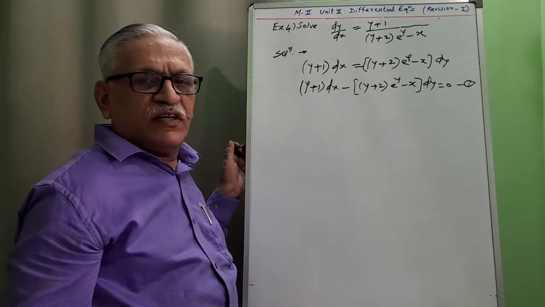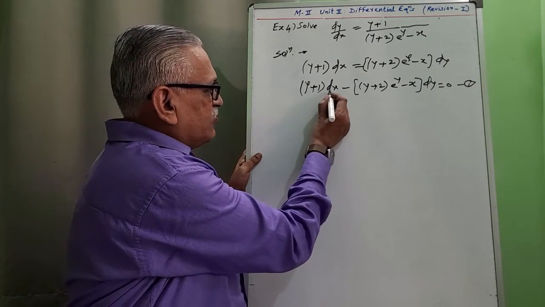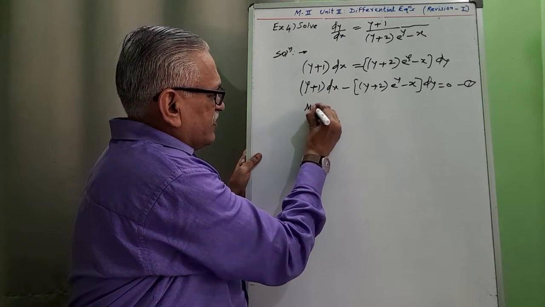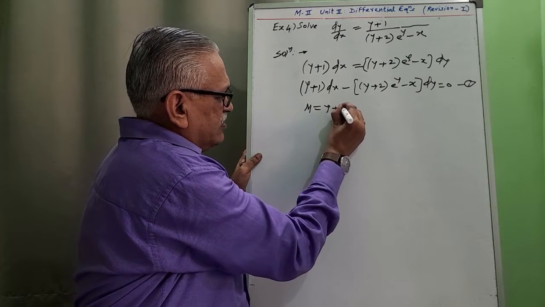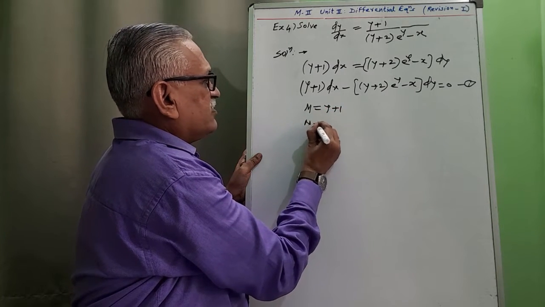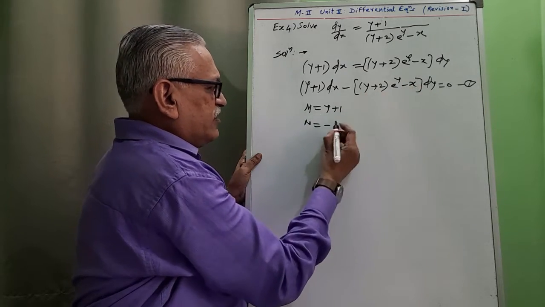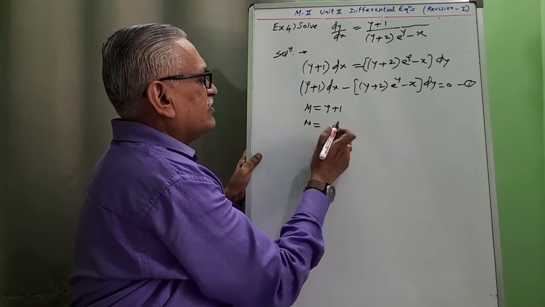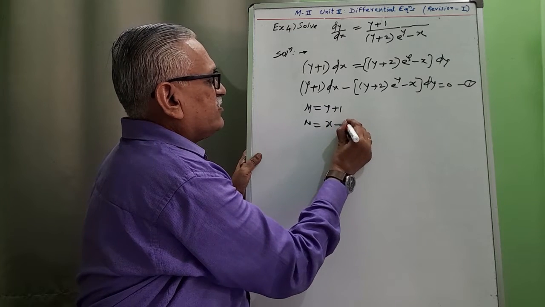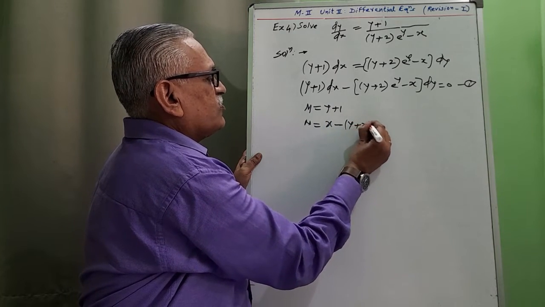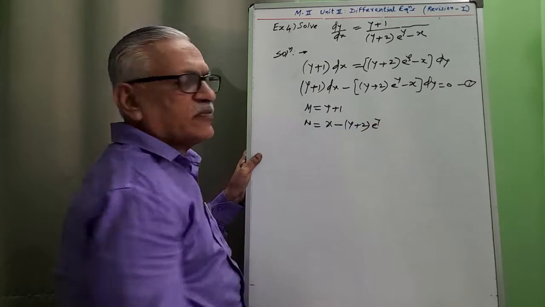Therefore, if we check it for exactness, the coefficient of dx is M, y plus 1, and N is minus y plus 2 into e raised to y minus x. Multiplying by minus inside, we get the first term as x, then minus y plus 2 into e raised to y.